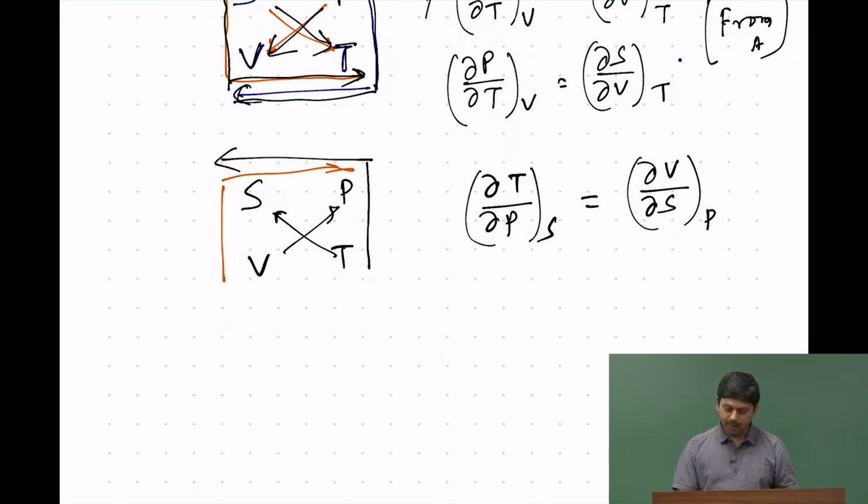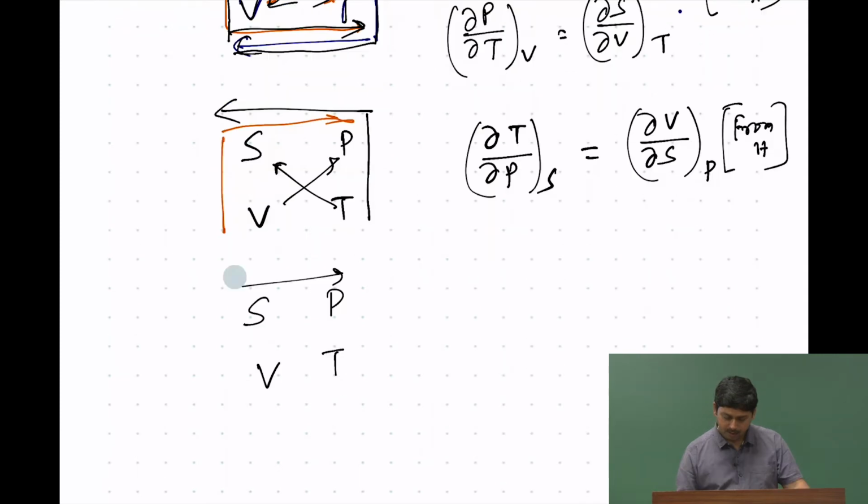Now, one more is remaining. So, this is from H, and the one more remaining is P and T. We want P and T. So, del S by del P at a constant T, we want to do that.